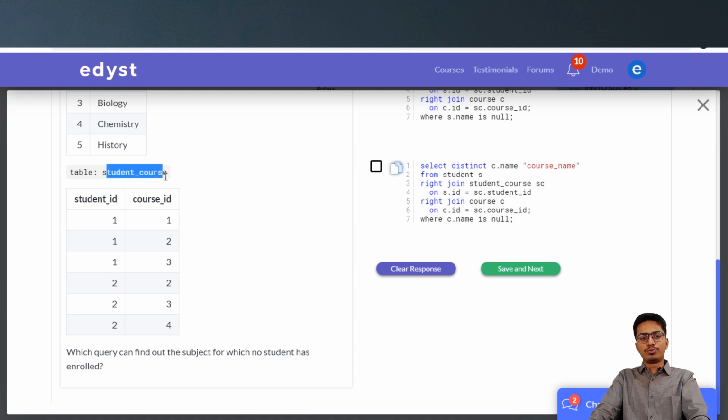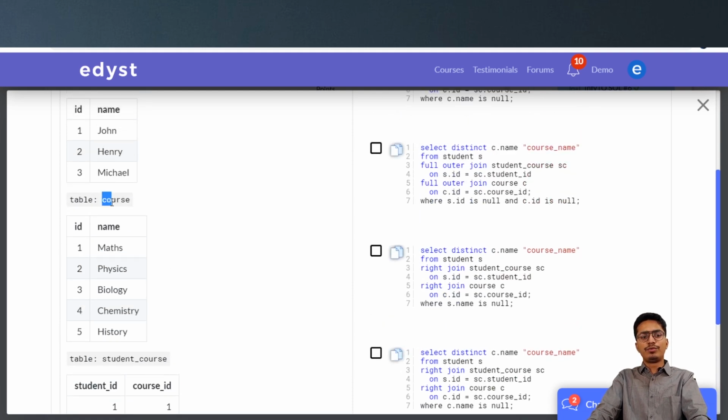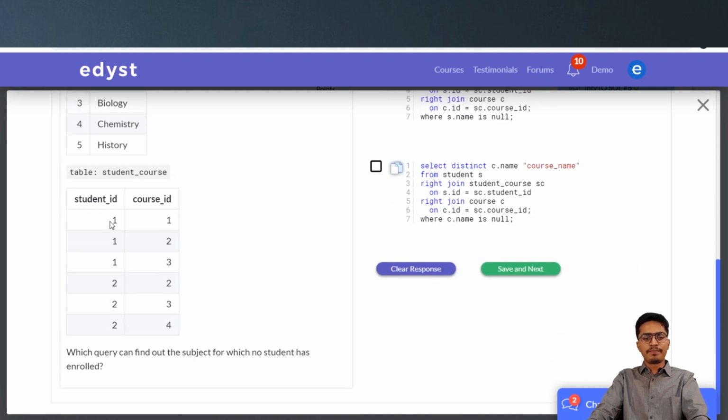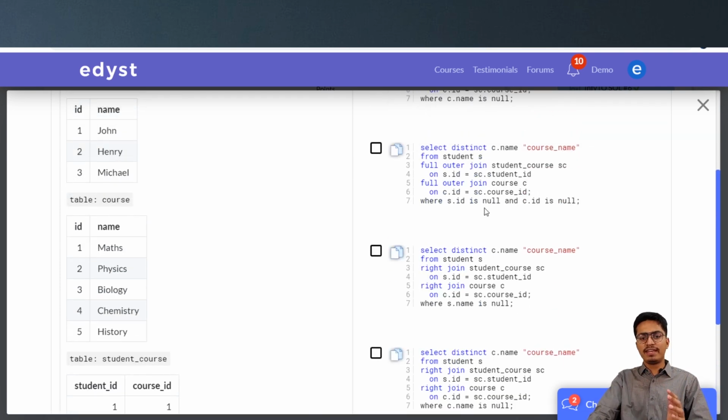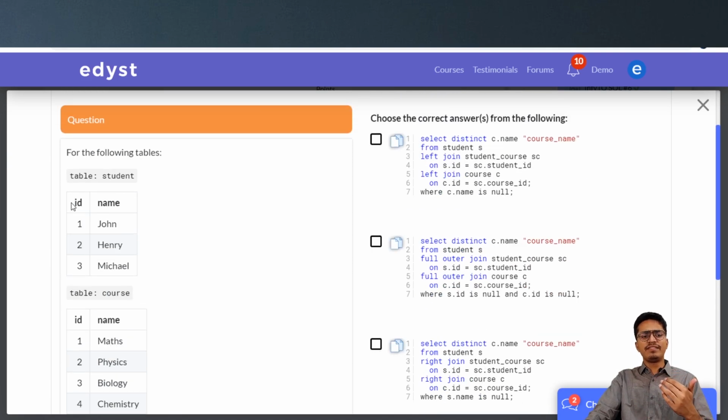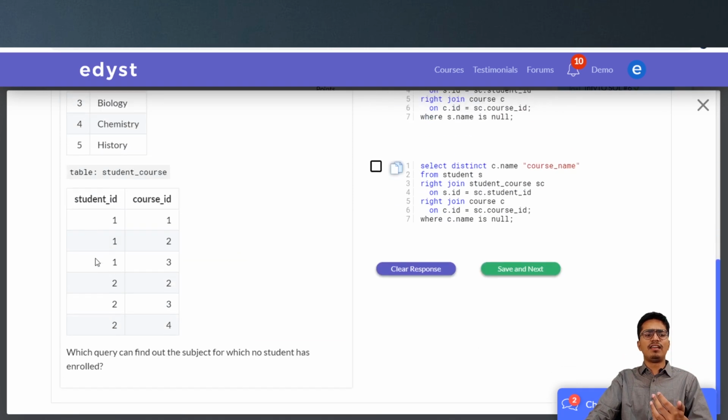So if you do student course on the left, and a right join on the table course, then the 5th row will get included, but the student ID and the course ID values for that matching are going to be null. So that's what we would be looking for: some sort of an option where the course is on the right and we are trying to see whether the student name is null, or student course dot student ID is null. Any values from the other 2 tables would be null.